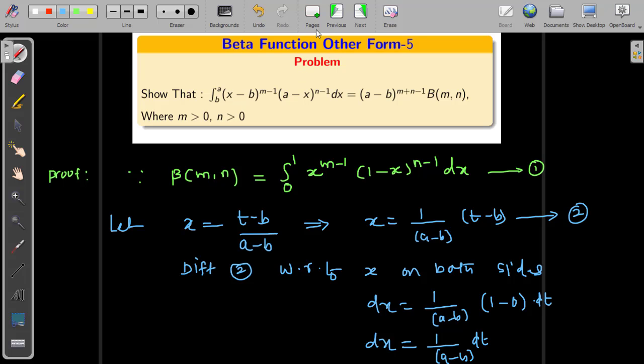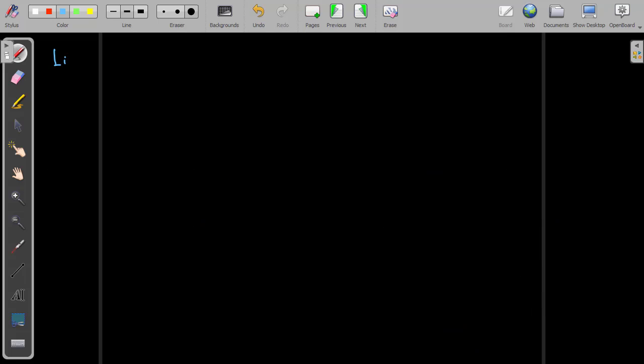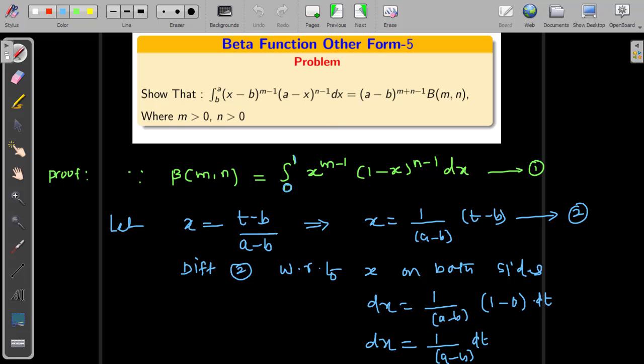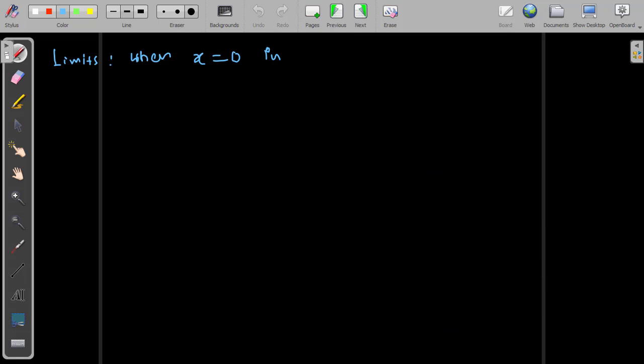Now the limits will change. As per equation number 1, the lower limit of x is 0 and the upper limit of x is 1. Now let's discuss the limits part. When x equals 0 in equation number 2, the left side is 0, equal to the right side, 1 by (a minus b) times (t minus b).